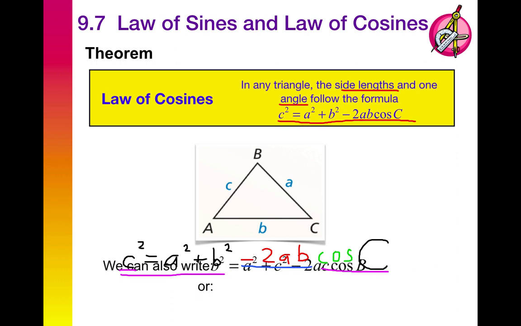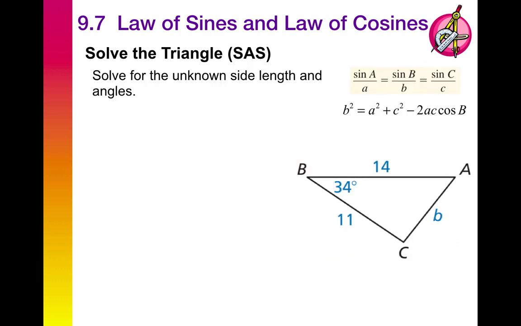Now let's actually use that, and let's go past a couple of these, to solve a problem. One of the problems that we can solve is side-angle-side, where we have the side, and the included angle, and we want to find out the other angles. Well, if we use the law of sines, it needs an angle and an opposite side to create a ratio.